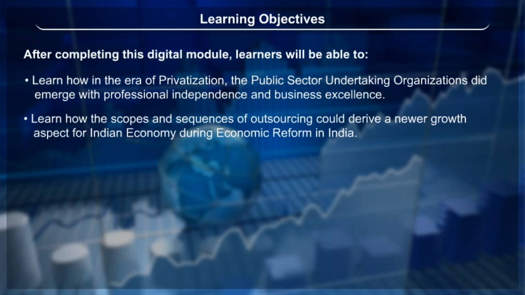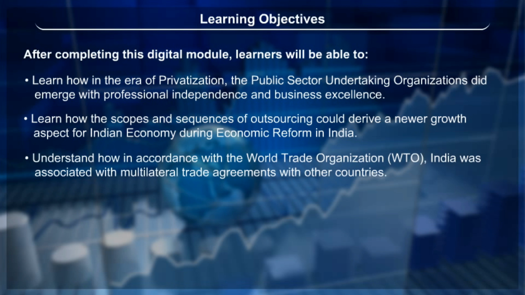Learn how the scope and sequences of outsourcing could derive a newer growth aspect for the Indian economy during economic reform in India. Understand how, in accordance with the World Trade Organization (WTO), India was associated with multilateral trade agreements with other countries.